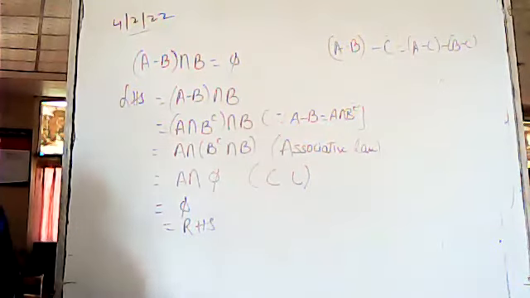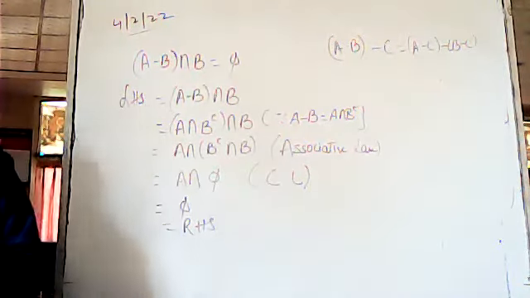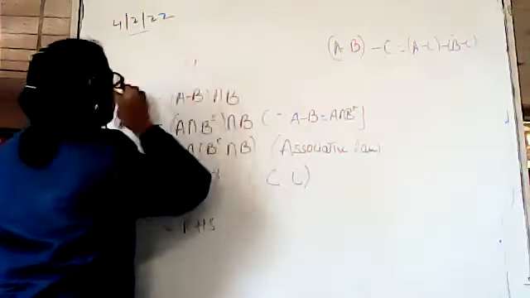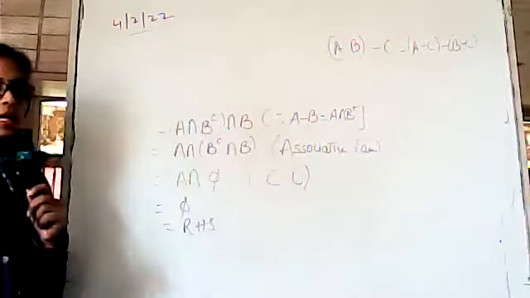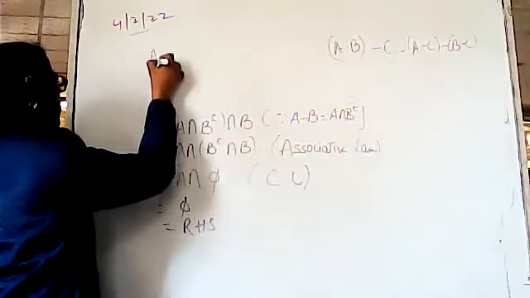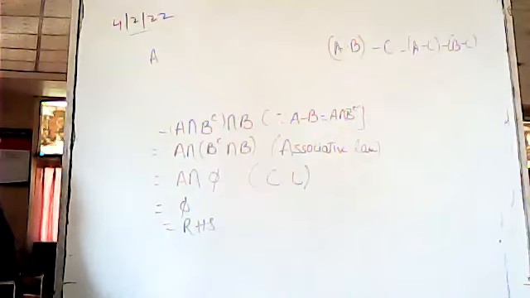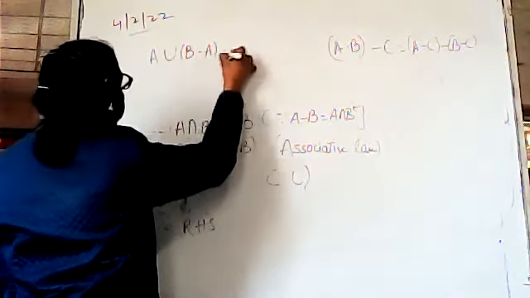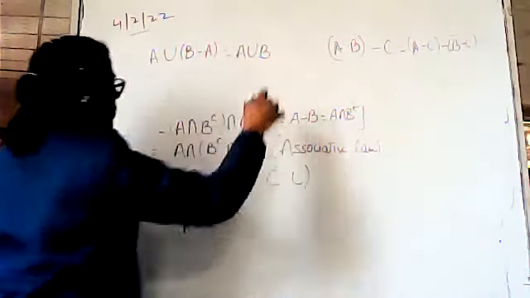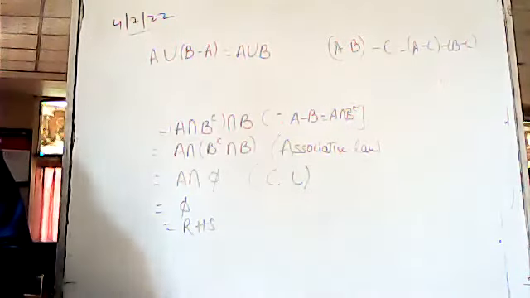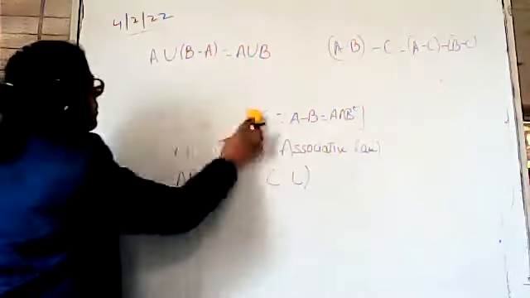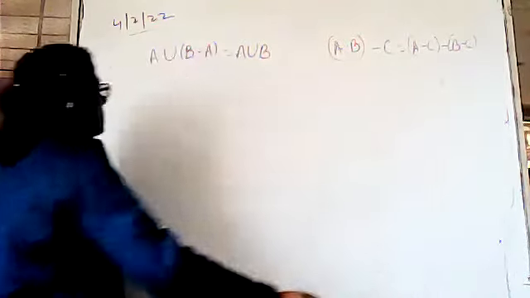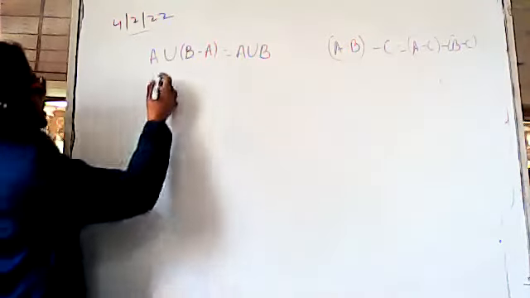Next is prove that A union B minus A equals A union B. Again, consider the left hand side.